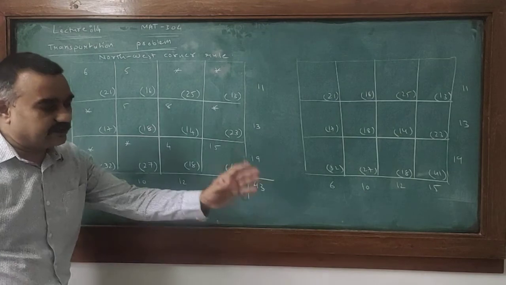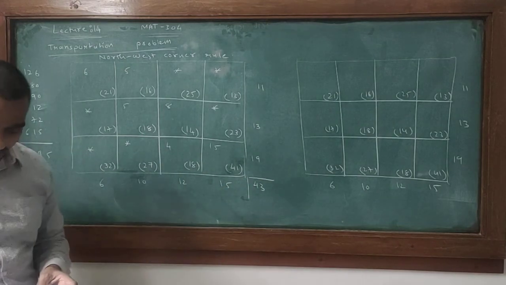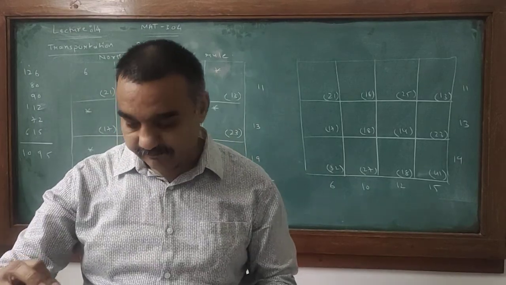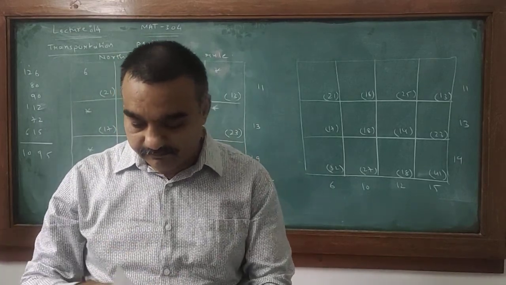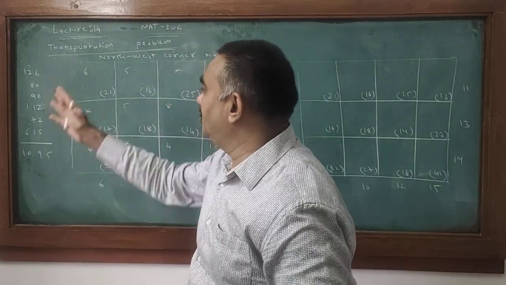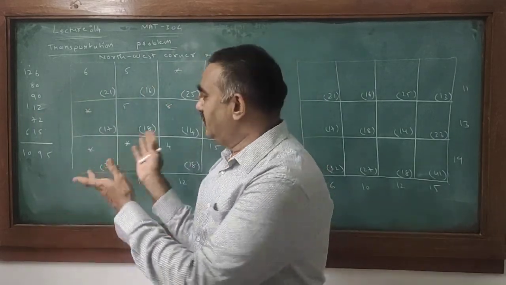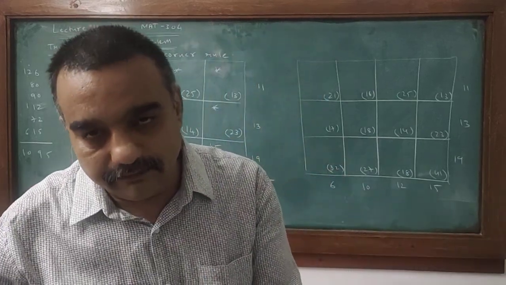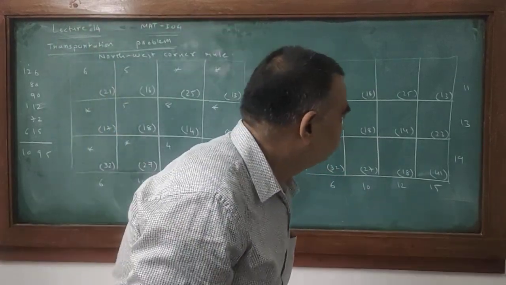Now I start with the minimum cost entry method and try to fulfill the requirement. Actually friends, I have not made this calculation in my notes, but as this is a second sum, I am doing it for all of you students.